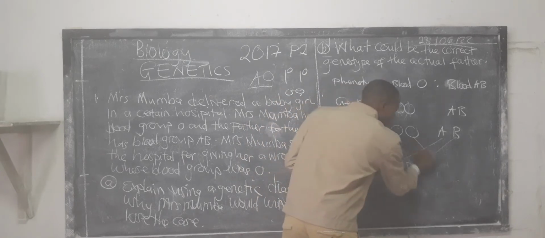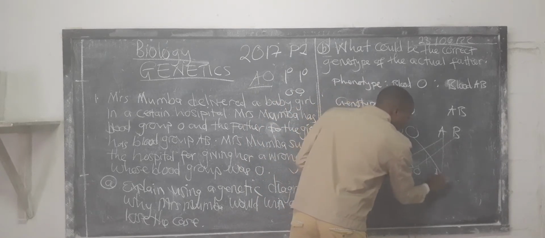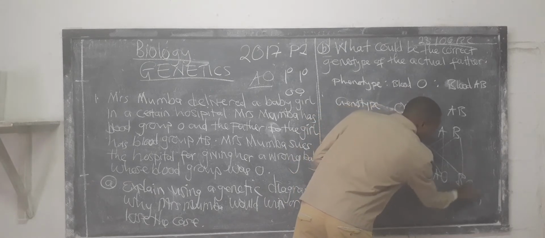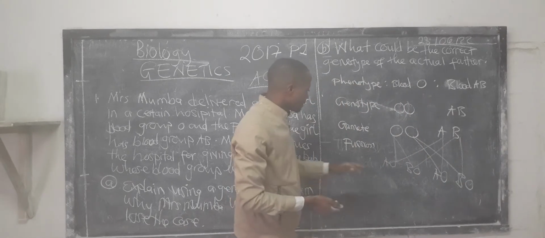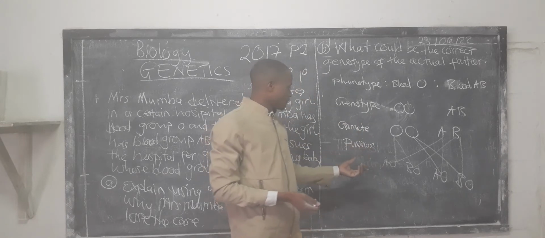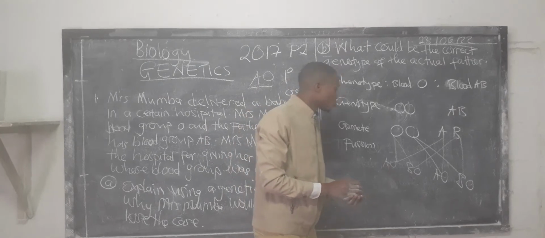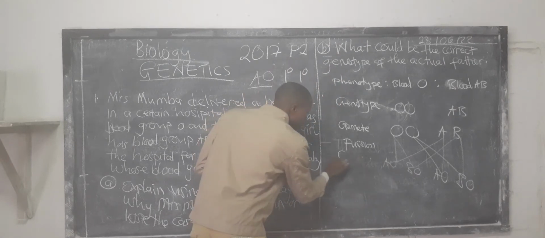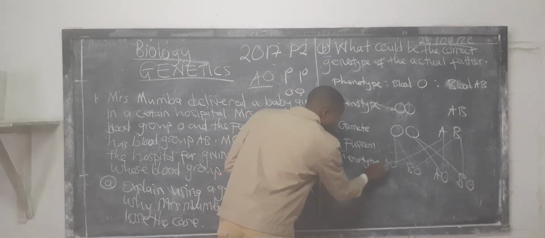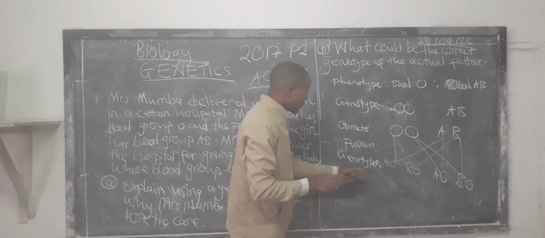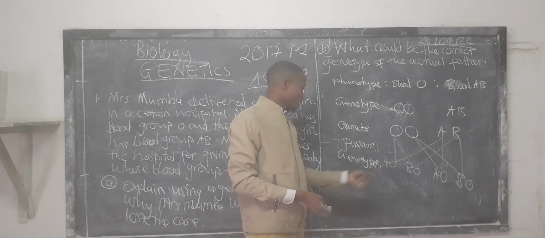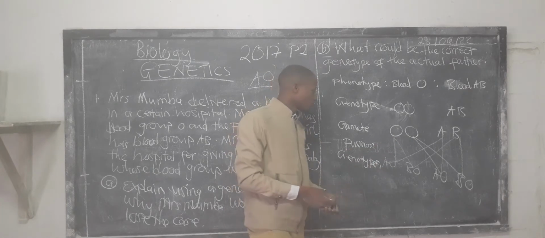Next we have again OA, which will be AO. Then again we have BO. Now if you have checked, the offspring of these two parents would either have blood group A or blood group B. So these are the genotypes of the offspring. This is the genotype of the F1 generation. F1 simply means the first children to be produced by this family, the first filial generation.